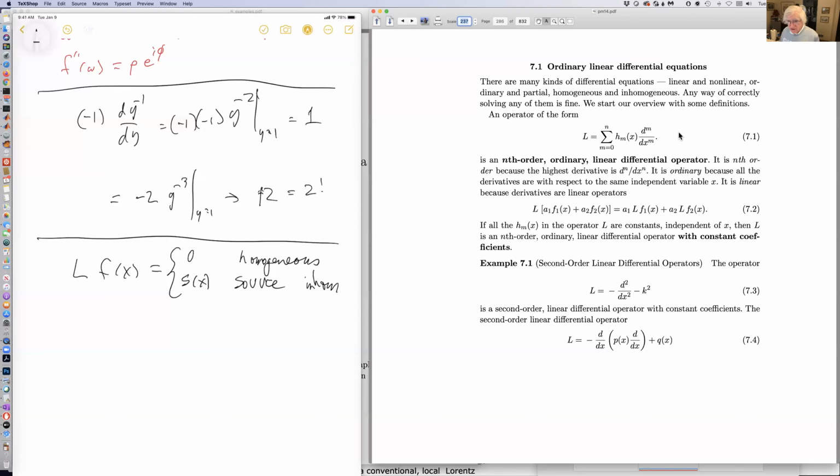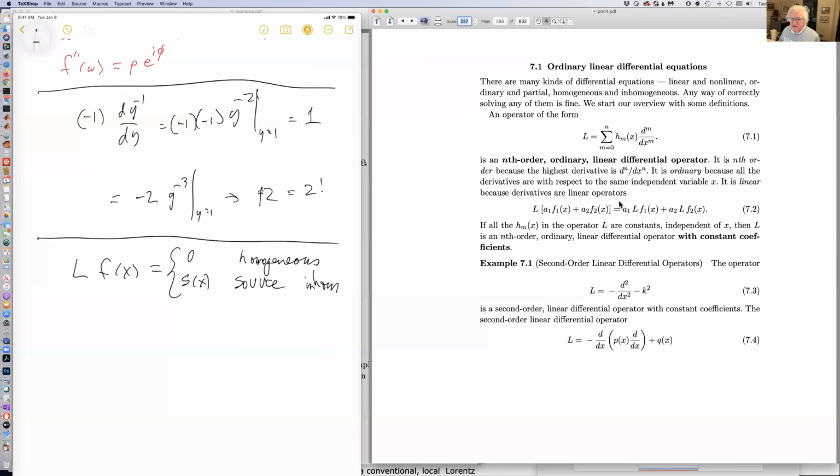So I've lost track of what I was going to say, but anyway, when we call it an ordinary differential operator, we're not meaning that it's somehow trivial. No, it's just that it doesn't involve partial derivatives. All the derivatives are with respect to the same independent variable x.